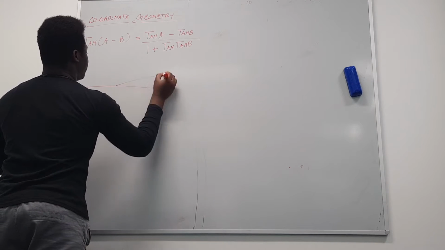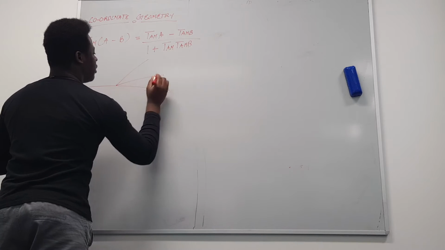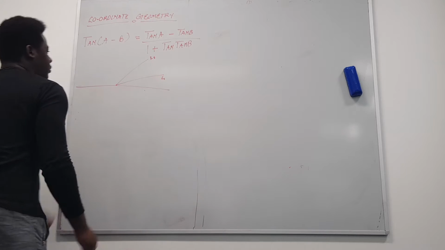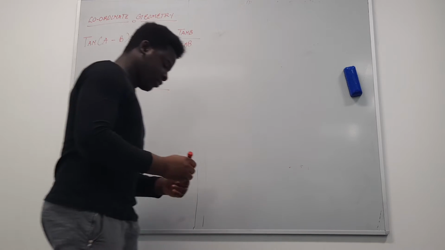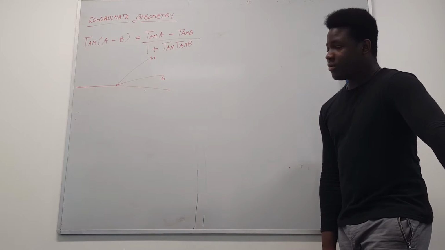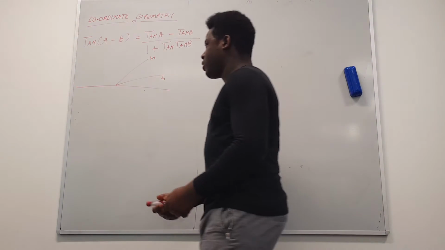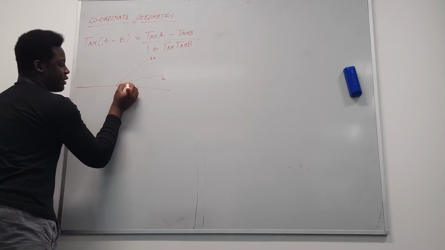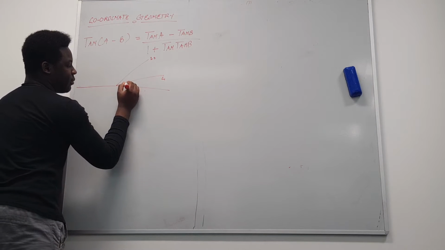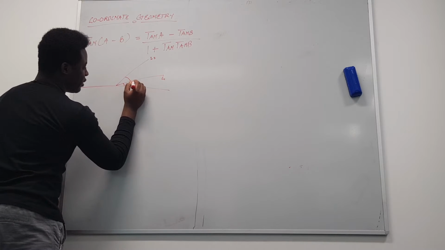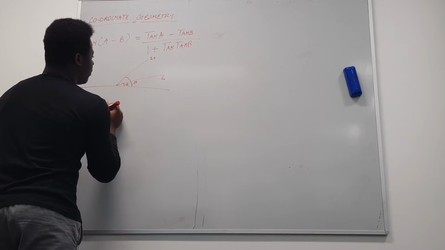So we have two lines, line 1 and line 2. The angle between line 1 and the x-axis is alpha, while the angle between line 2 and the x-axis is beta.